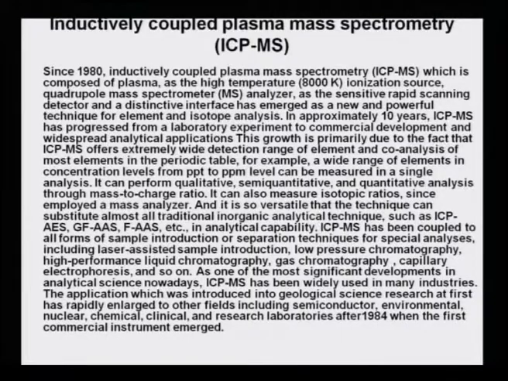So, you see now ICP-MS has a wide range of application. It can be used for semiconductors, for environmental samples, for nuclear science samples, for chemical science samples, clinical samples and research samples. The principle and construction of ICP-MS.